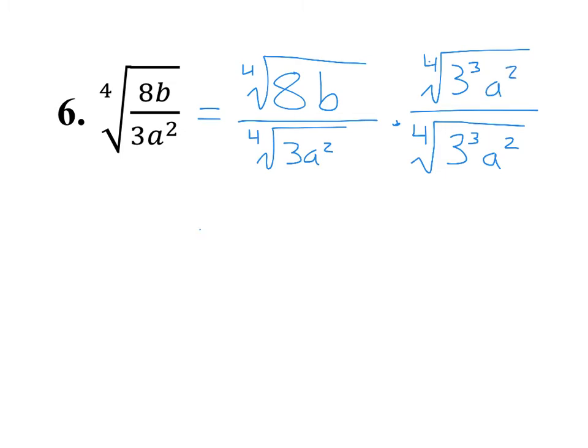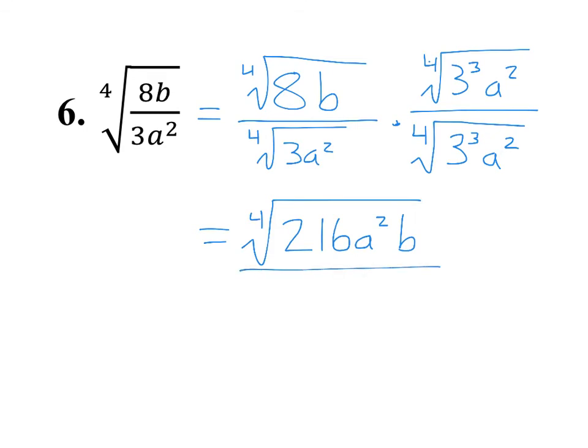The numerator is going to be 8 times 27. That is 216, and a squared b. The denominator, well, we have four 3's, so a 3 can come out. We have 4 a's, so an a can come out.